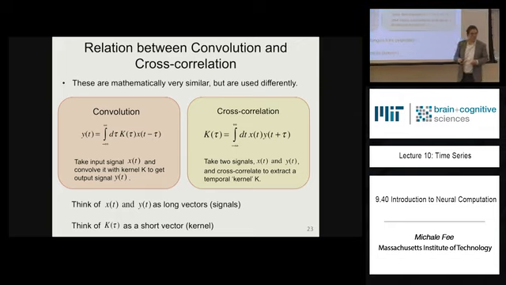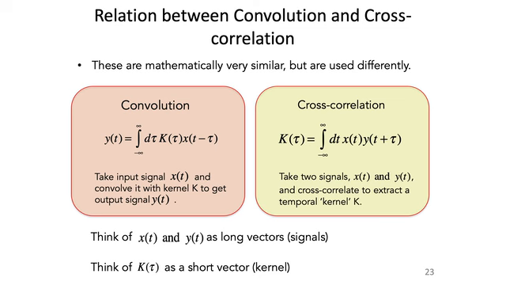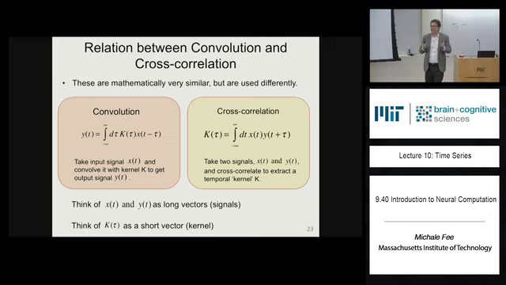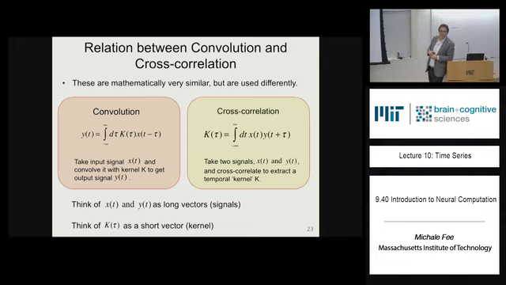Does that make sense? In cross correlation, we have two signals, x and y. X and y are the inputs, and we cross correlate them to extract a short signal that captures the temporal relation between x and y. So x and y are long signals, k is a short vector.